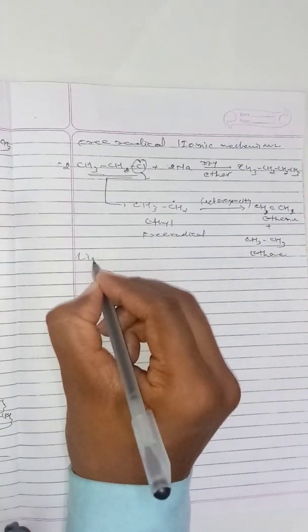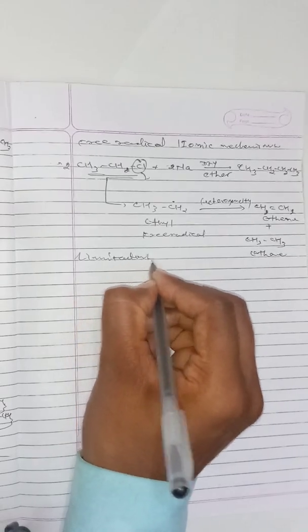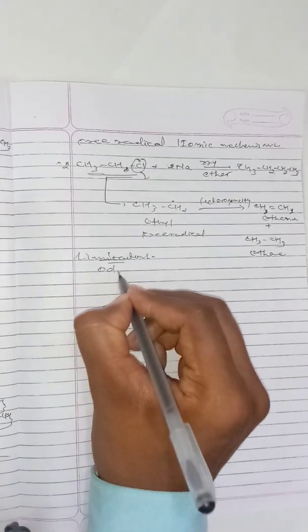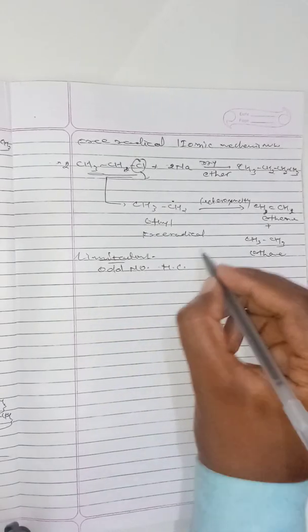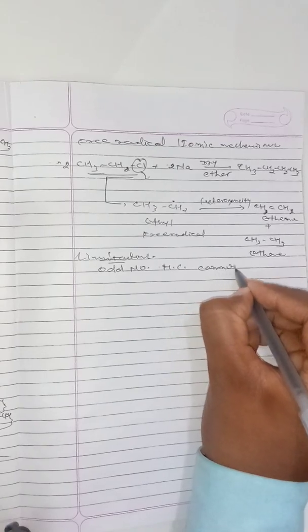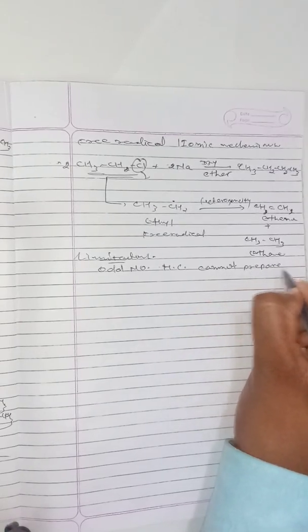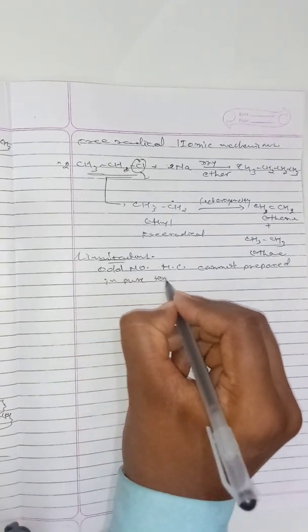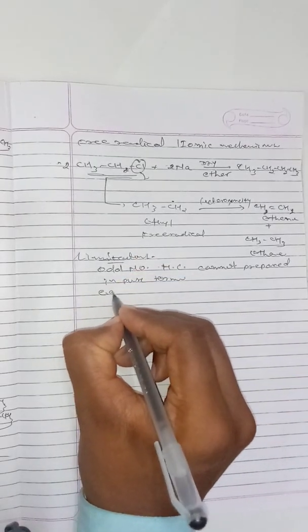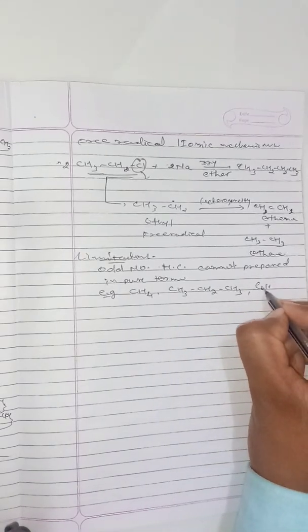Here are some limitations. Odd number hydrocarbons cannot be prepared in pure form, like methane, propane, C5H12.